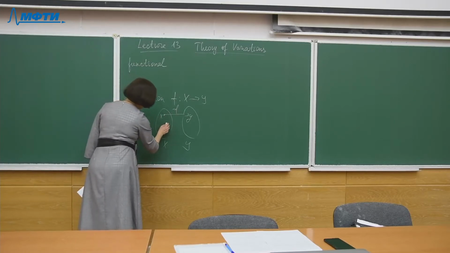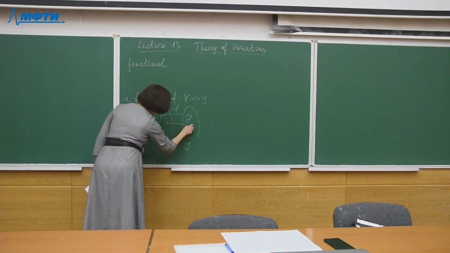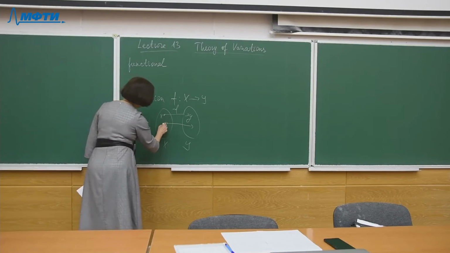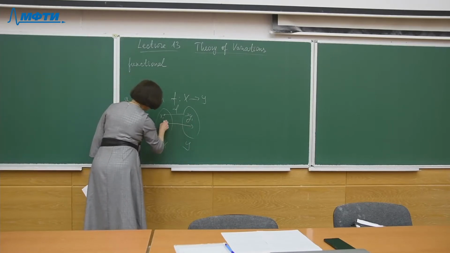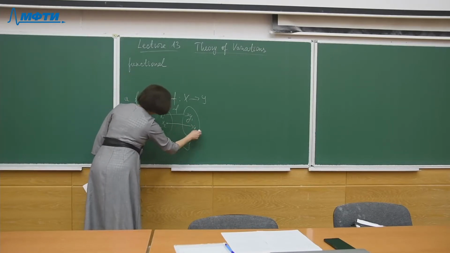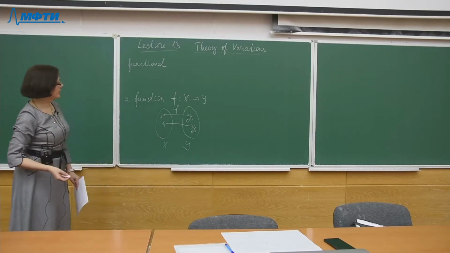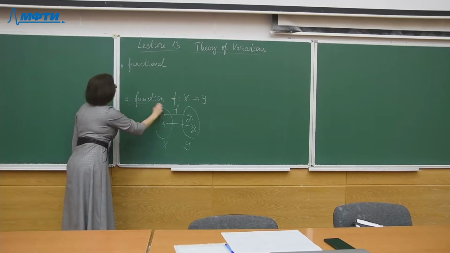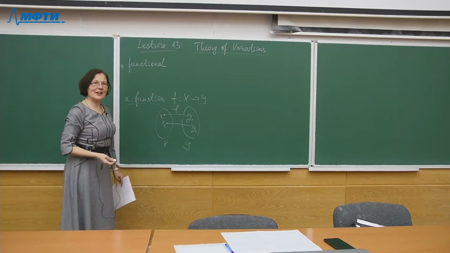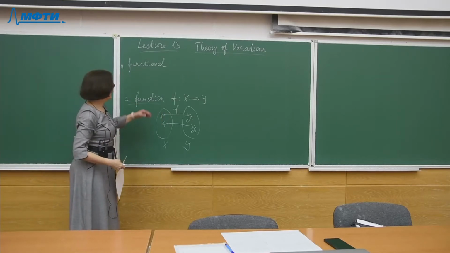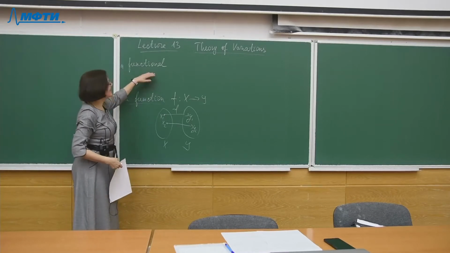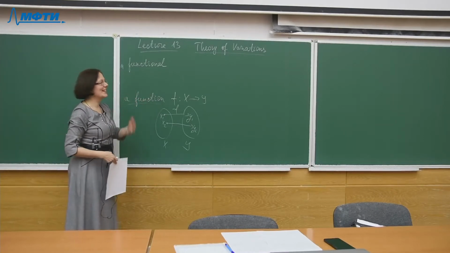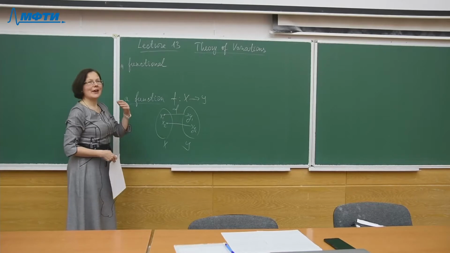It associates a unique y to any value x. x1, x2 goes to y2 and so on. This is a function. And the functional is a function also, but a functional is a function that associates a number with a function.